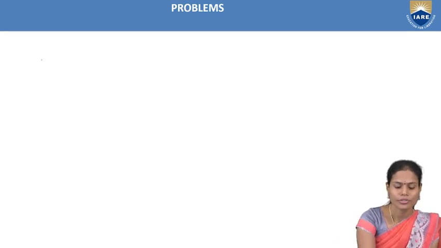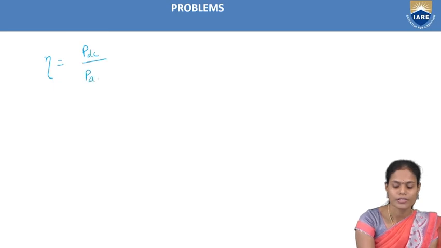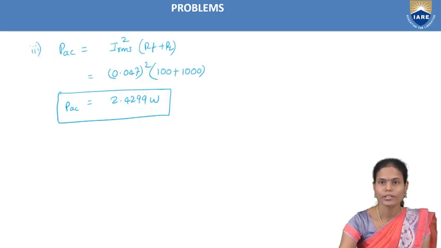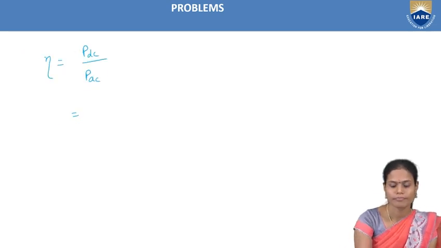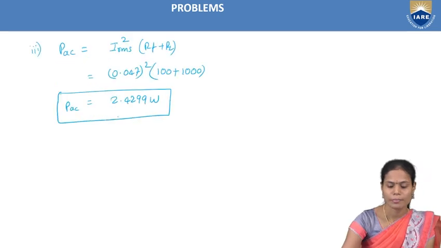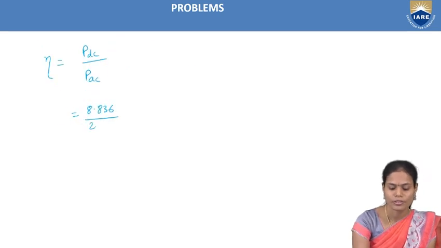And next we need to calculate the efficiency, that is DC power to the AC power. So PDC we got as 8.836 and the AC power 2.4299.